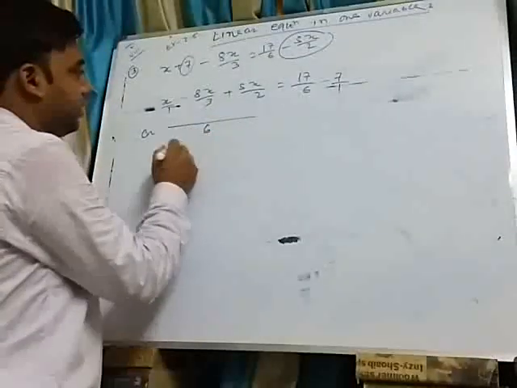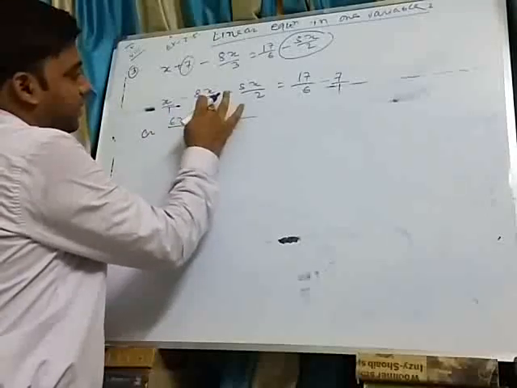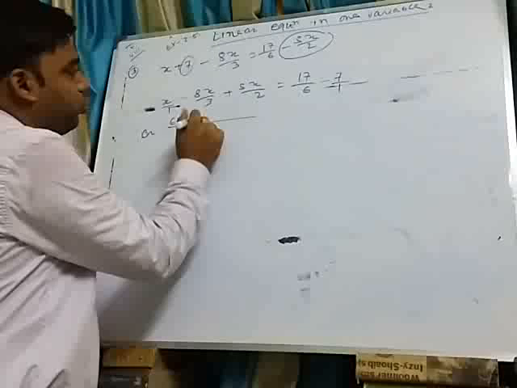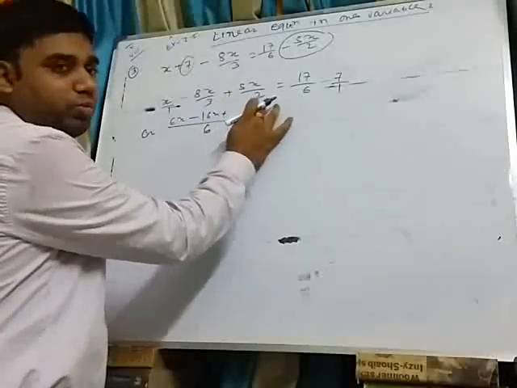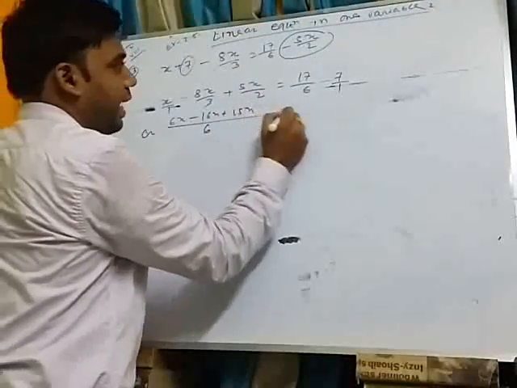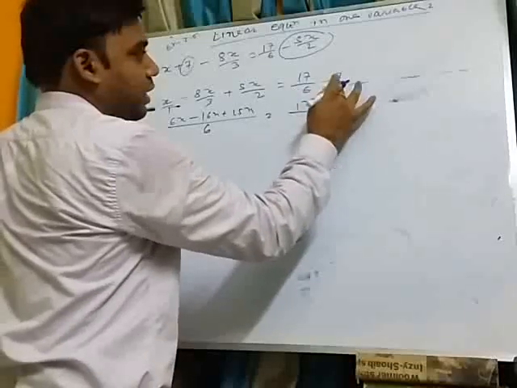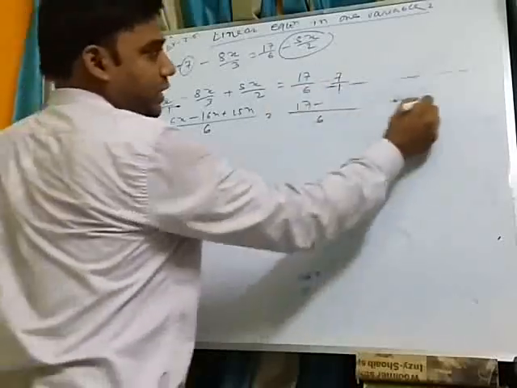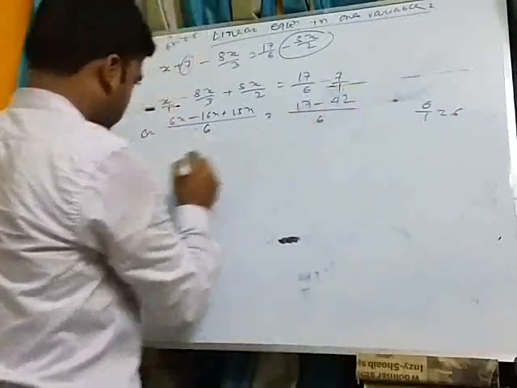So 6 by 1: 6x minus 6 divided by 3, that is 2, 16x, plus 6 divided by 2, that is 3, 3 into 5, that is 15x. And on this side, 6 and 1 LCM is 6. 6 divided by 6 is 1, 17, minus 6 divided by 1, that is 6, 6 into 7, that is 42.